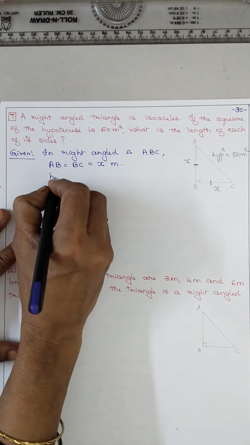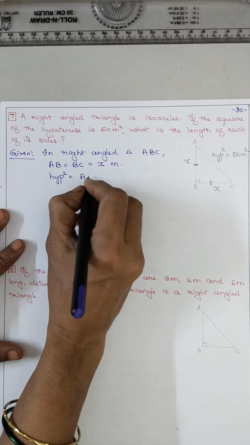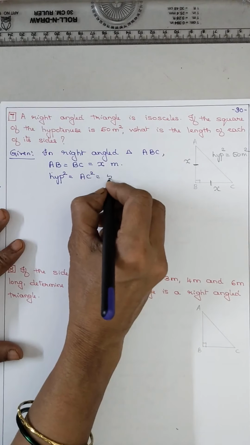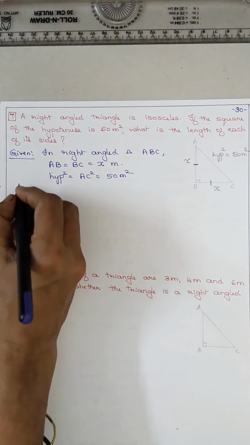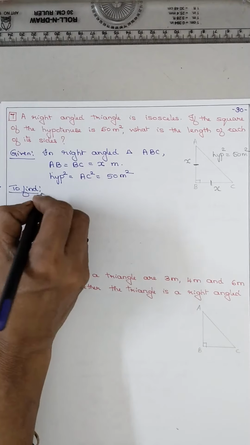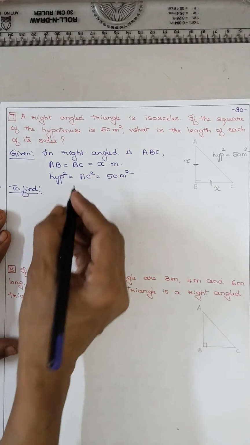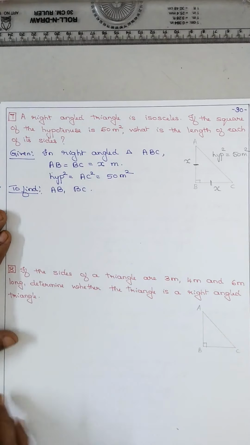Now hypotenuse square, that is AC squared, is equal to 50 meter square. Now to find the two sides, means AB and BC, you have to find.